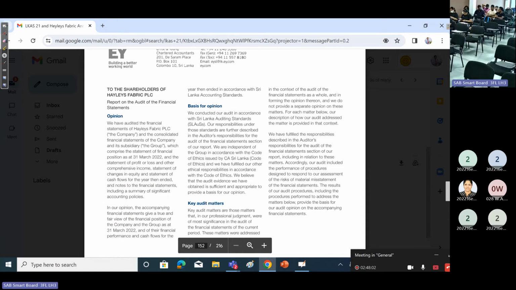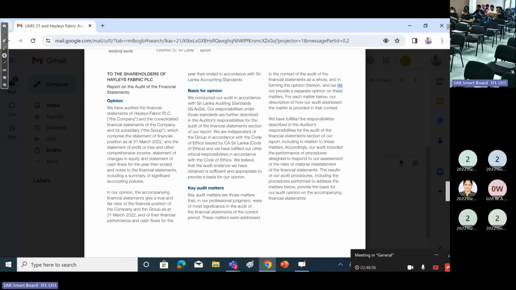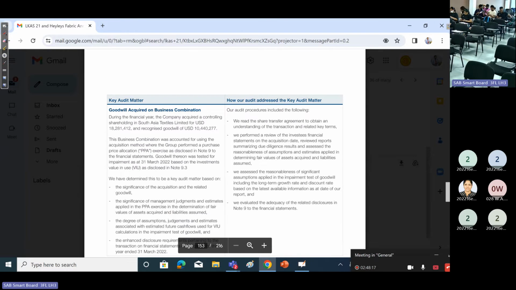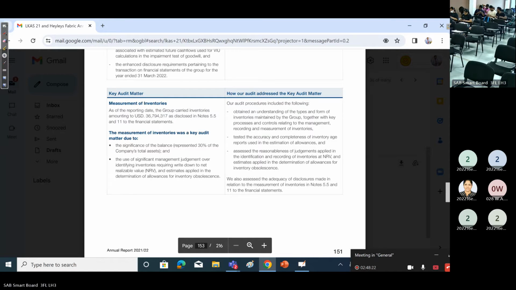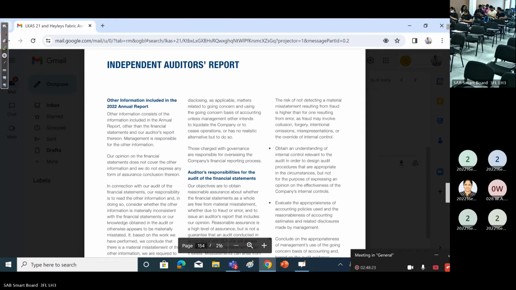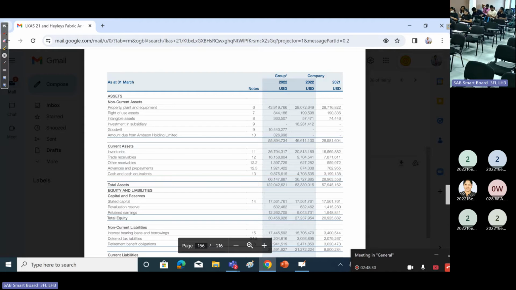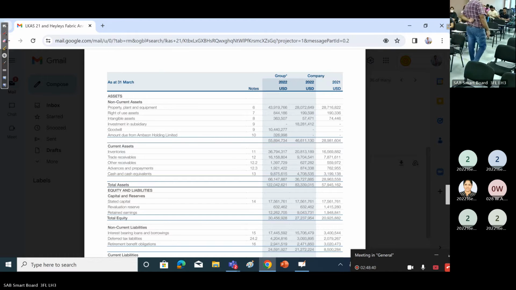Auditor's report, see? EY. Look at this. All figures are in US dollars. Even though that business is located in Sri Lanka, the functional currency is US dollars.